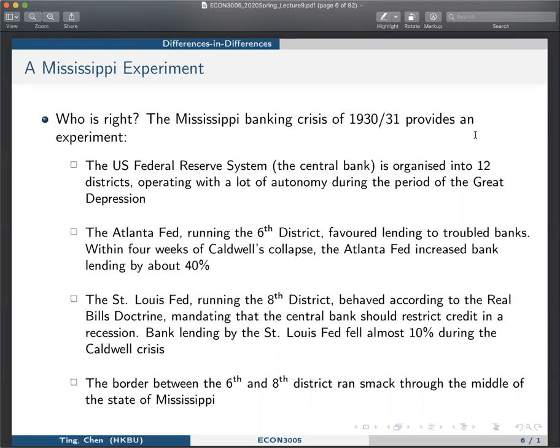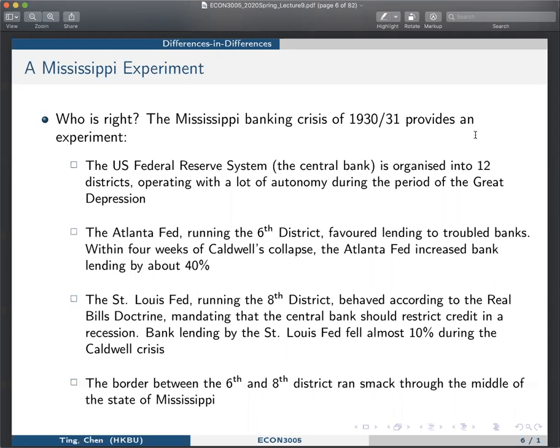And the Atlanta Fed, which ran the 6th district, favored lending to troubled banks. So within 4 weeks of the Caldwell collapse, the Atlanta Fed actually increased bank loans by about 40%.